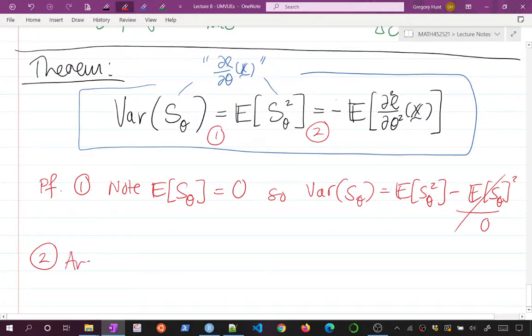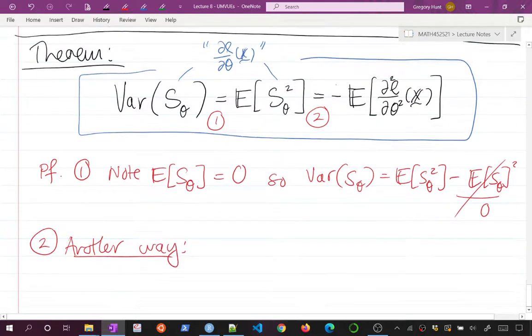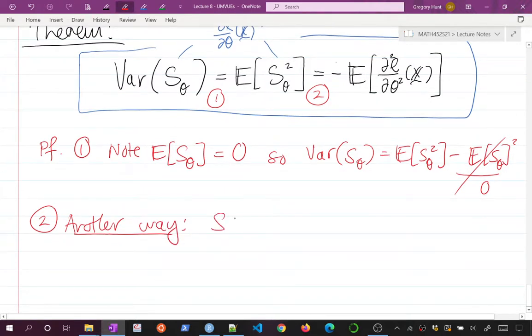Another way of viewing this is that, in this abusive notation, if the score is dL/dθ squared, then the second equality says the score is dL/dθ squared, viewed as a random quantity.